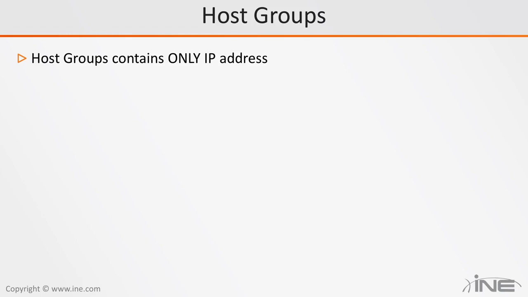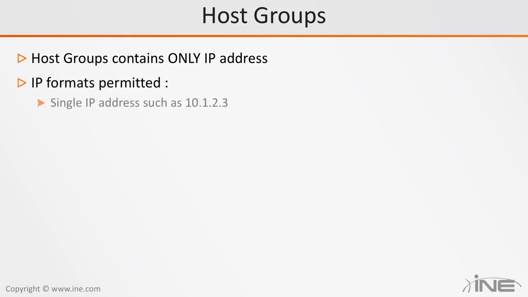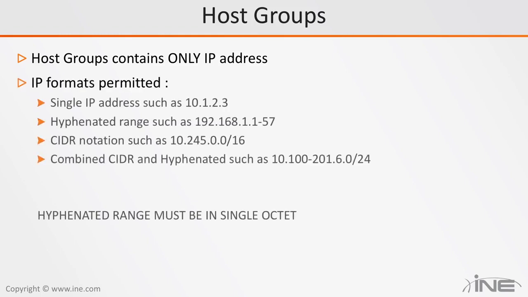This is entirely user-defined. The way you define a particular host group is there are four methods. First one is you can mention single IP addresses one by one, that a particular host group can contain this certain list of IP addresses. Second option is hyphenated range. You can choose a hyphen and mention the first IP and the last IP of that particular range.